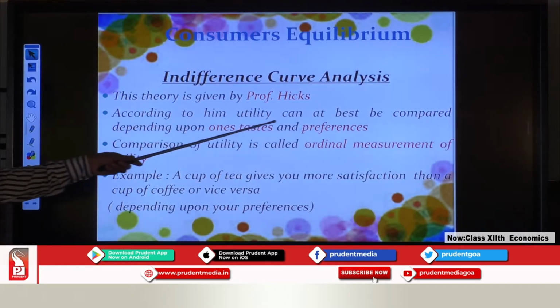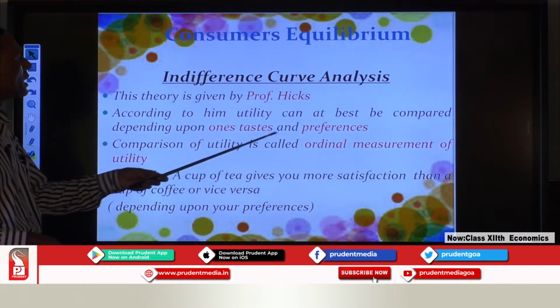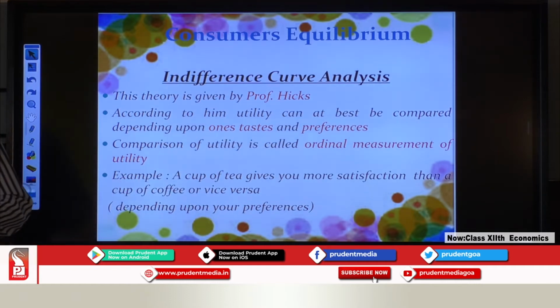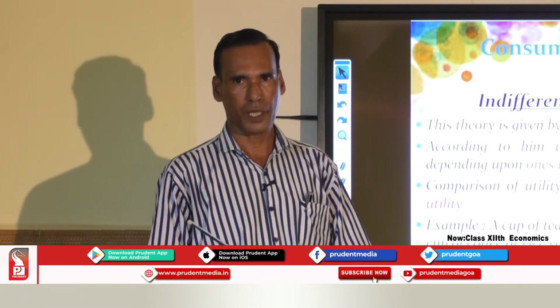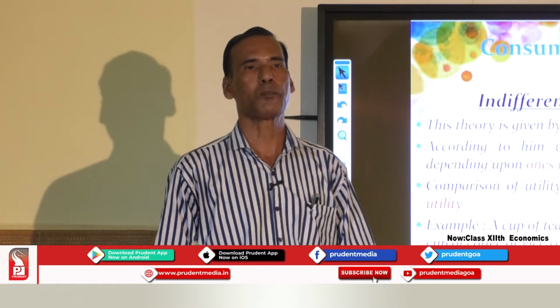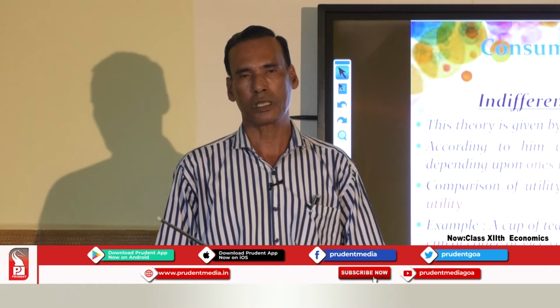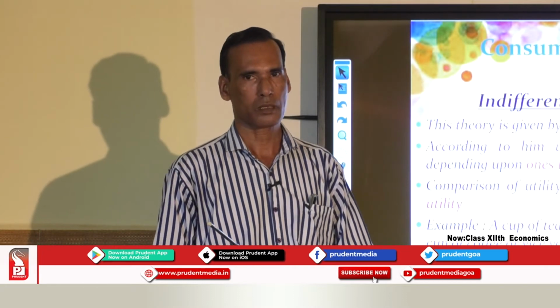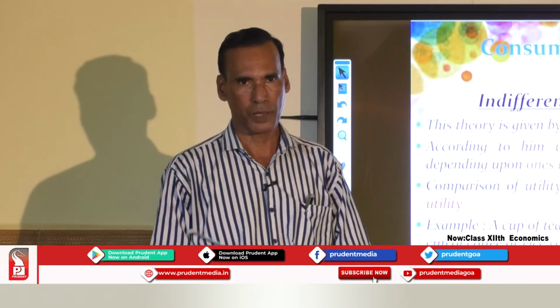According to him, utility can best be compared depending upon one's taste and preferences. So, he is in favor that utility can best be measured with the order of the preferences of a consumer. It depends on the preferences of the consumer, and that will give him the utility.